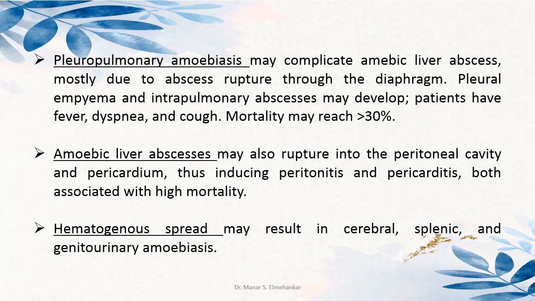Also, an amoebic liver abscess may rupture into the peritoneal cavity and pericardium, inducing peritonitis and pericarditis, both associated with high mortality. Blood spread may result in cerebral, splenic, and genitourinary amoebiasis.